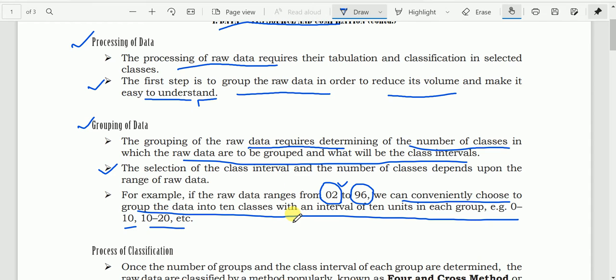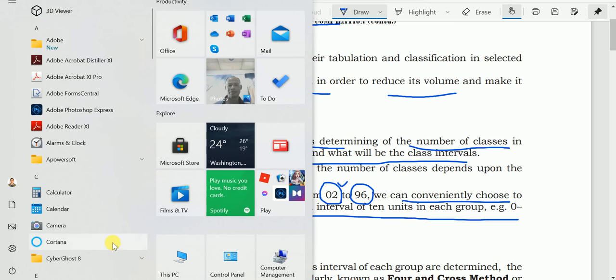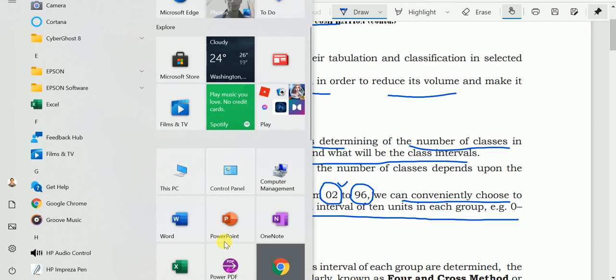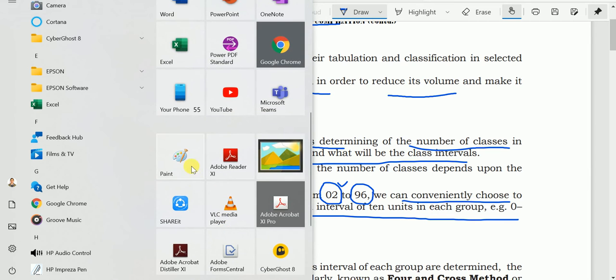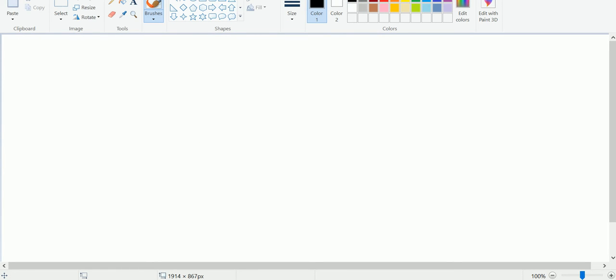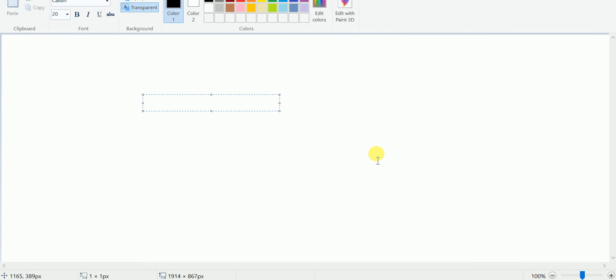Actually, see, range. I will open this MS Paint. So here, I think all of you may know how to find out the range. So we have known what was the highest value.